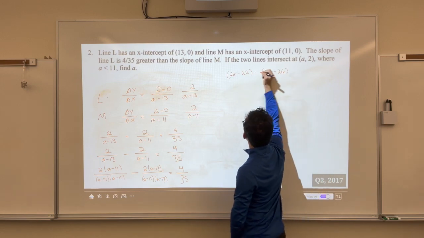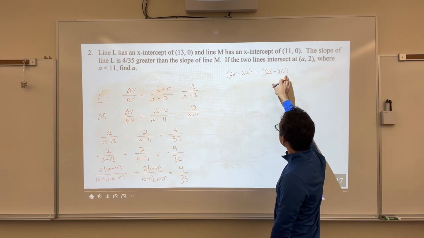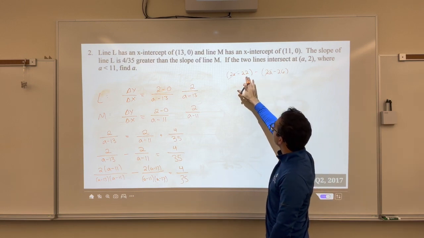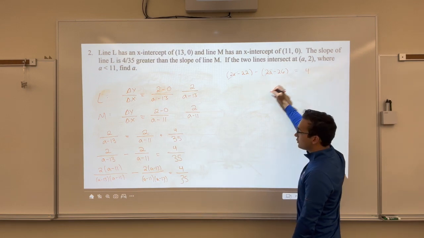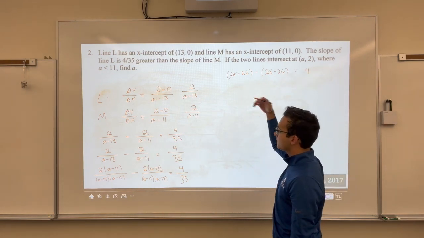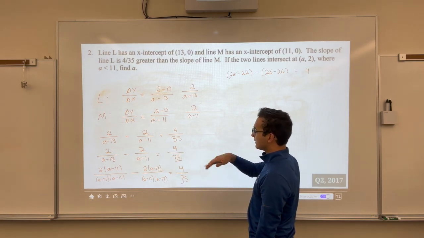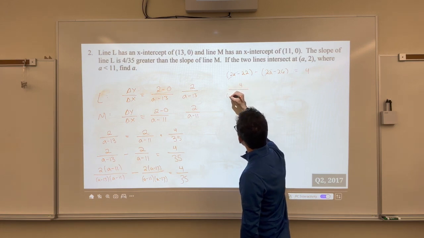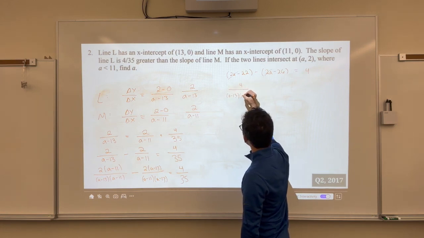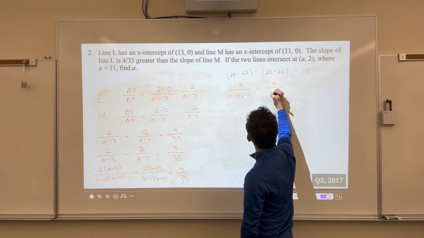So the 2a's would cancel, and you're left with negative 22 minus negative 26, or in other words, negative 22 plus 26, which is equal to 4. So that numerator just simplifies to 4, and the denominator will stay (a minus 13) times (a minus 11). So we end up getting 4 over (a minus 13)(a minus 11) is equal to 4 over 35.